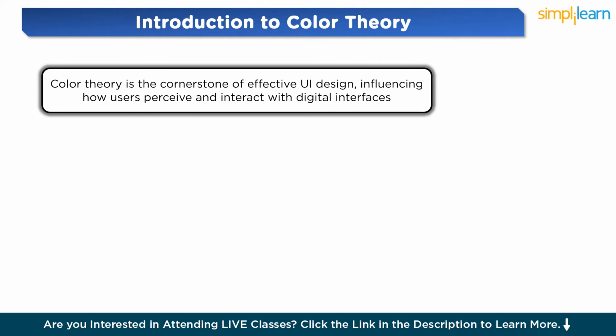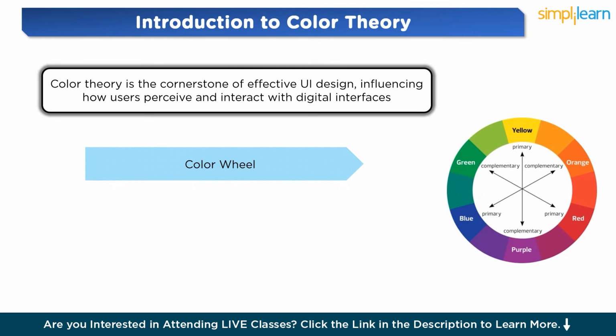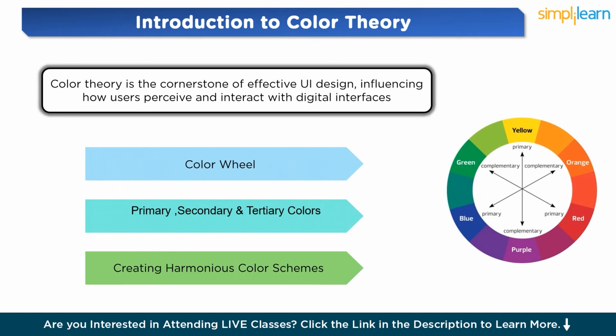Introduction to Color Theory. Color theory is the cornerstone of effective UI design, influencing how users perceive and interact with digital interfaces. It encompasses the study of color relationships, harmonies, contrasts, and psychological effects. At its core is the color wheel, a visual representation of the primary, secondary, and tertiary colors and their relationships.